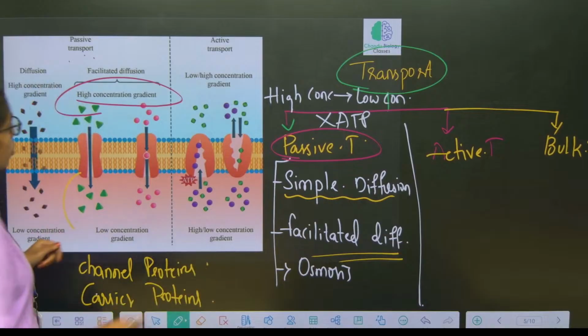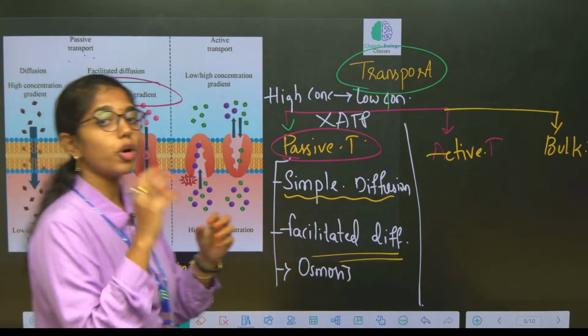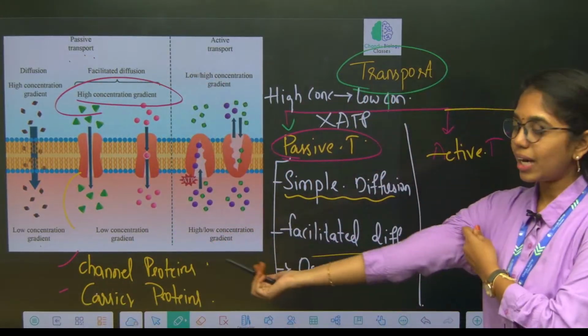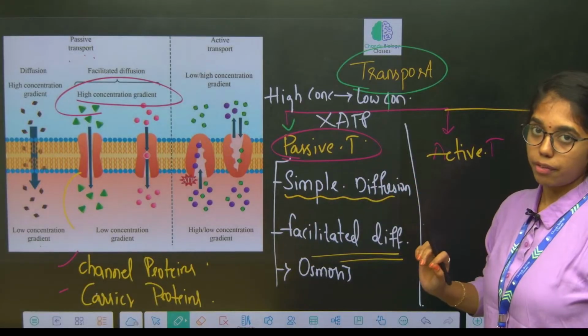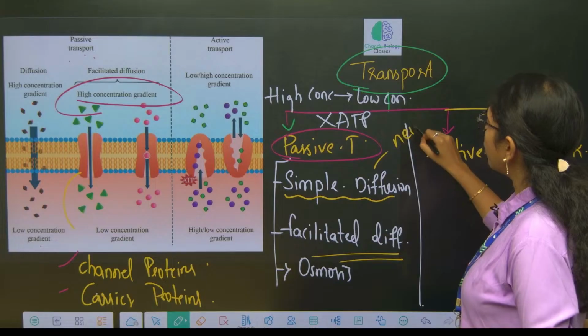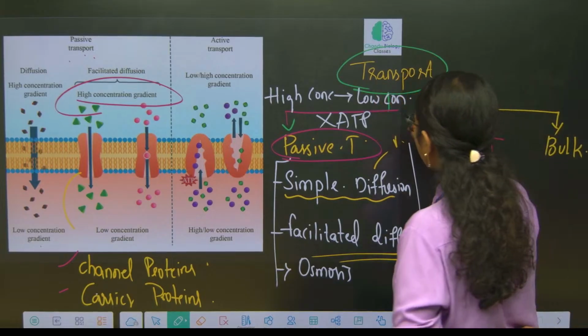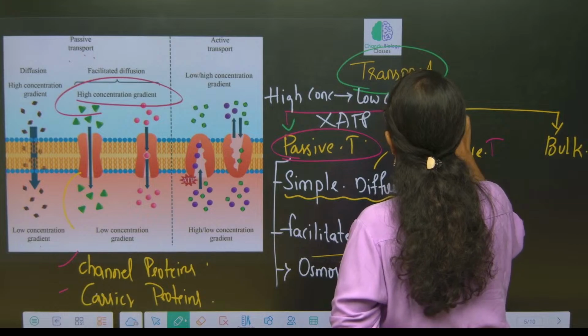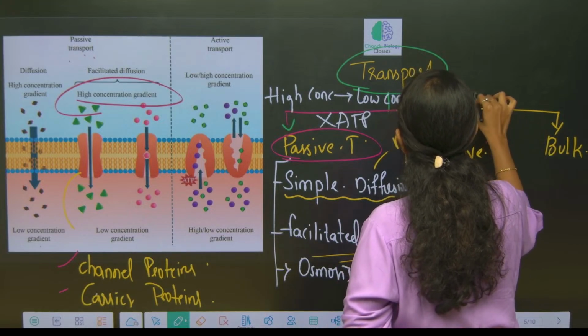Mostly neutral solutes and gaseous molecules will transport across simple diffusion.